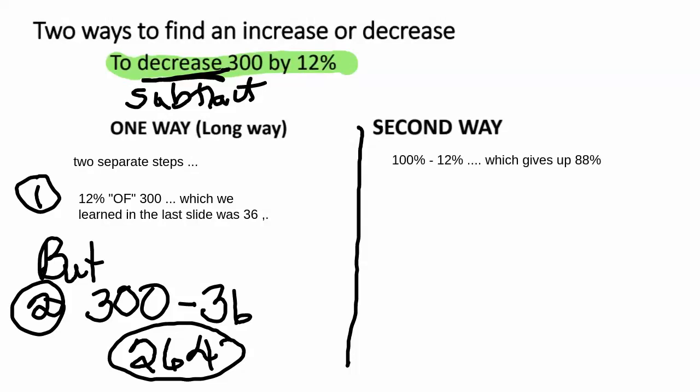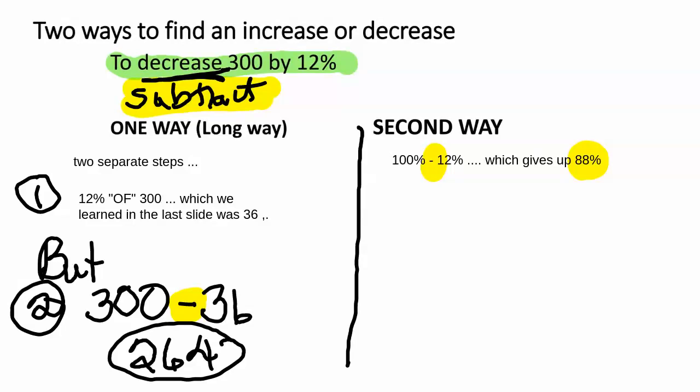We're still subtracting, okay? There's my little minus. Subtract. But I have 88%. Well, that means I am going to take 88% of 300.